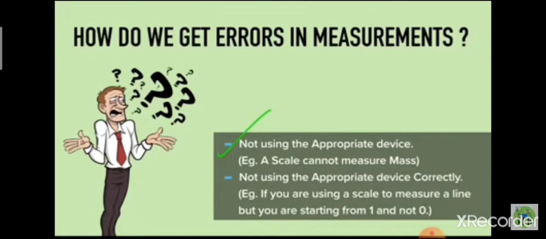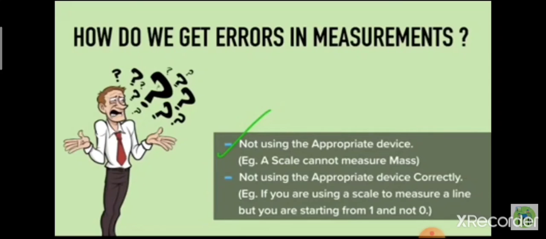Now students, the second point is not using the appropriate device correctly. In this situation, we have a proper device, but we are not using it correctly. For example, you are using a scale to measure a line, but you start from 1 and not from 0. You have been given a line and told to measure it: how many centimeters is the line?